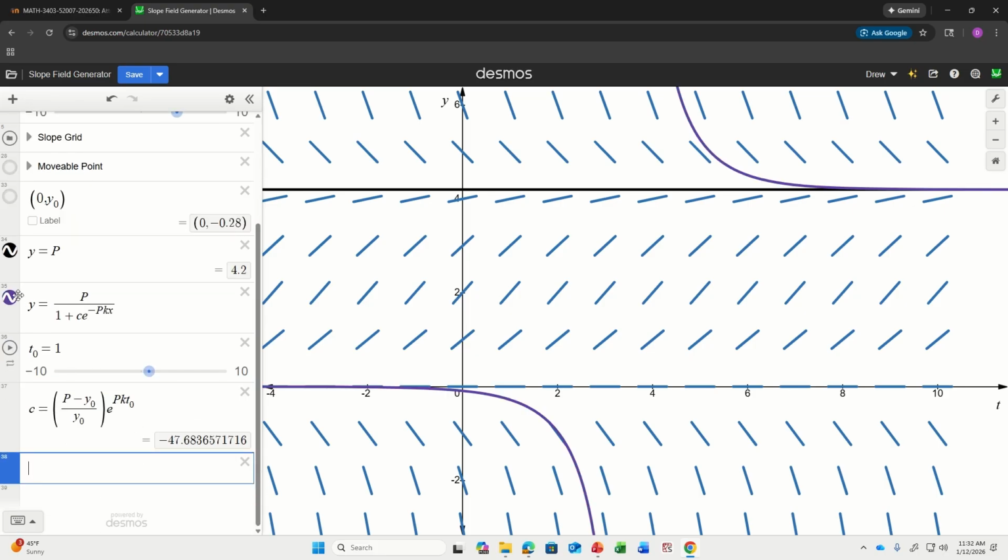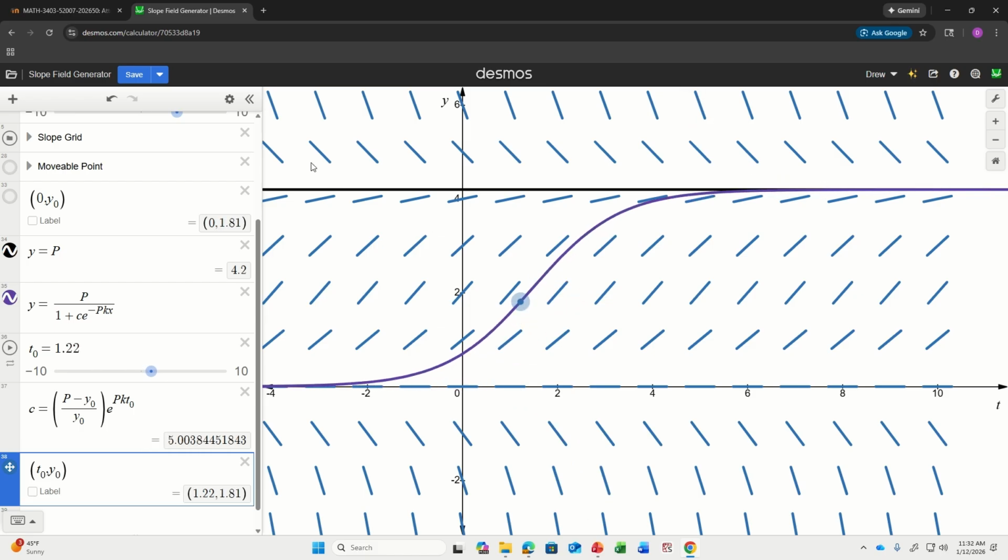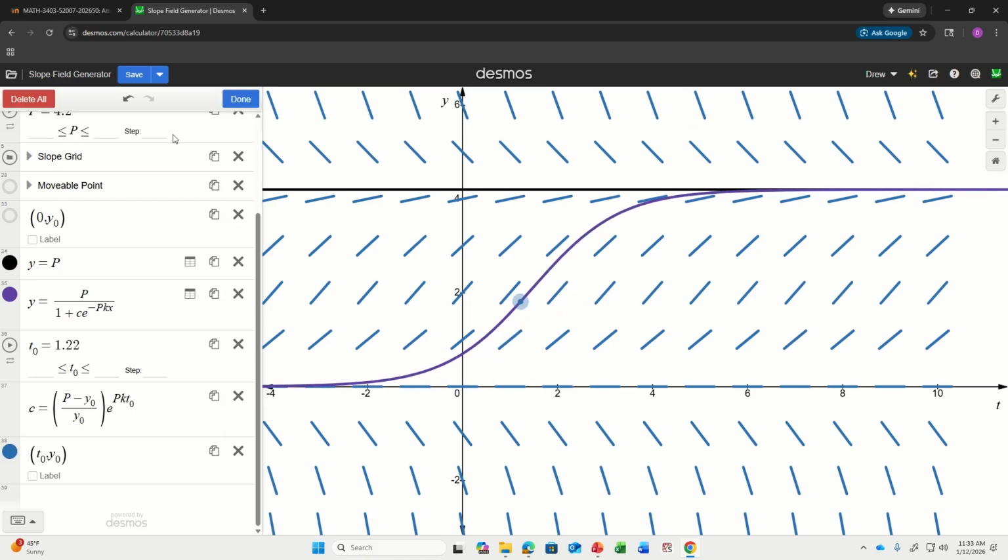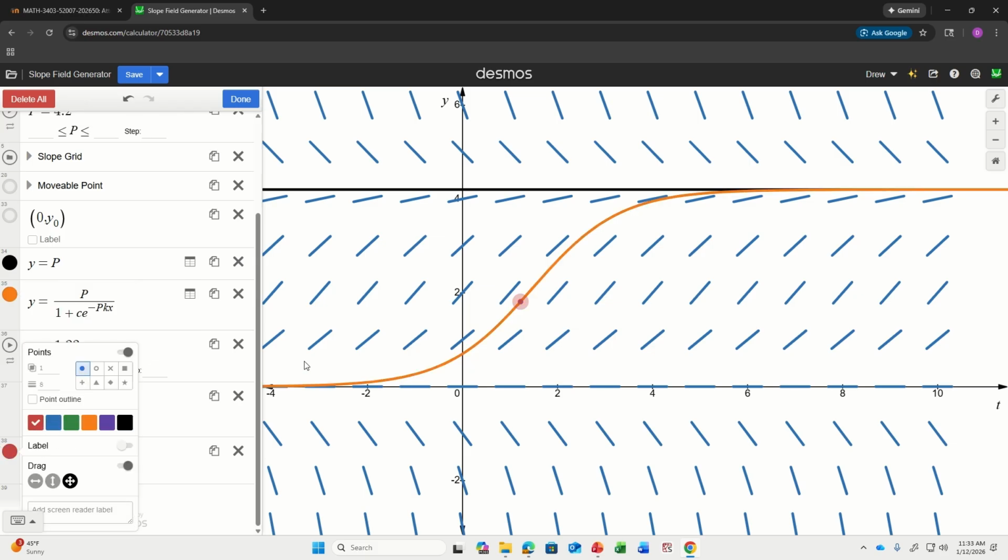There's one more thing I want to do, which is make a coordinate pair t0 comma y0. And let's fix the colors.